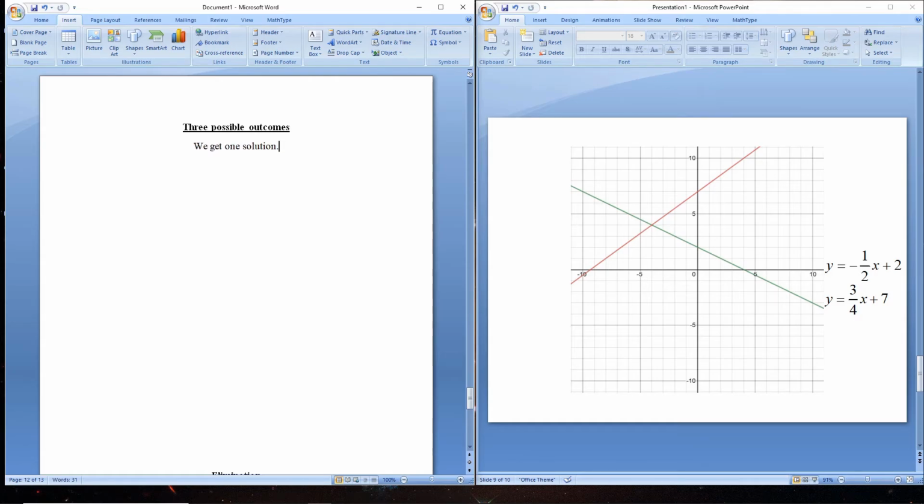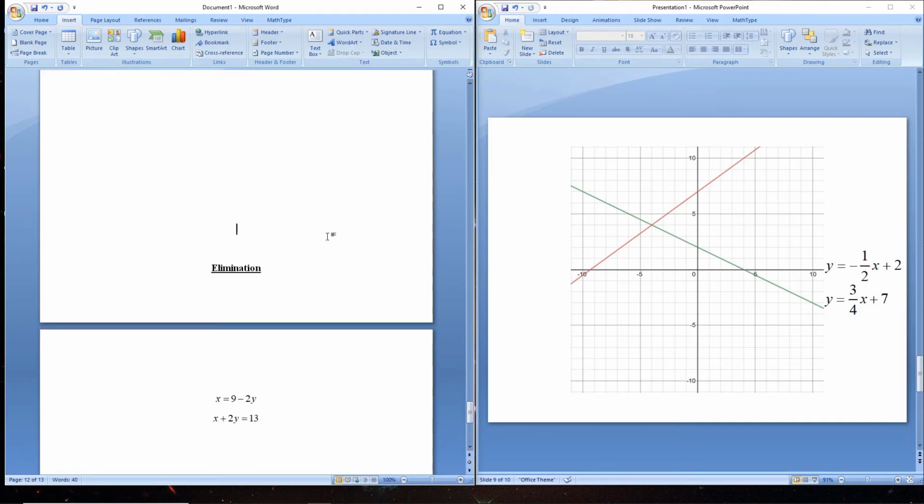And so far, every problem we've done has been that way. Another possible outcome is that we get no solution. And then the third possible outcome is that we get infinitely many solutions. So let's check some examples of that out.